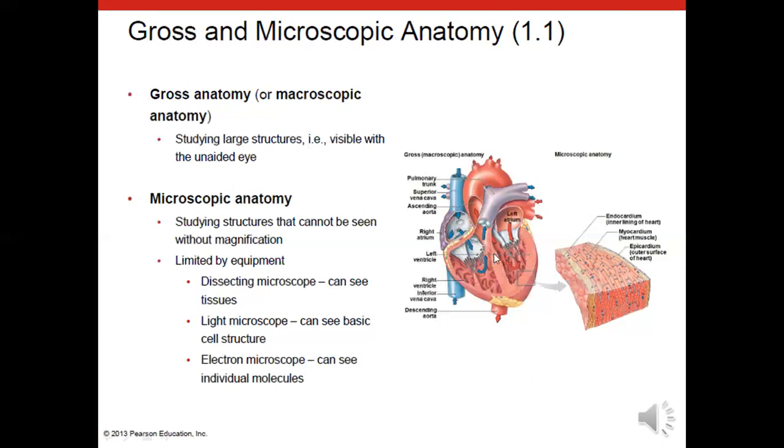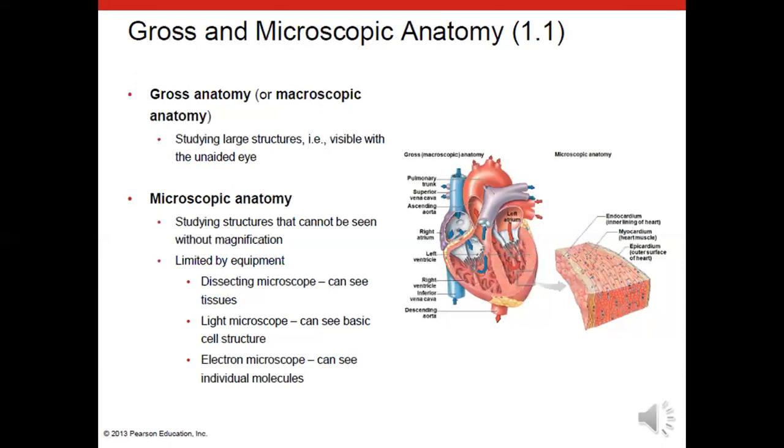Here's the right ventricle, another chamber that blood flows into and out of in the heart. These blood vessels, here's the superior vena cava and the inferior vena cava, 2 major blood vessels that supply blood to that right side of the heart, the right atrium and right ventricle. These are structures that you can see without the need of a microscope.